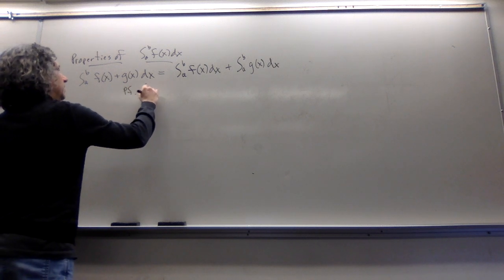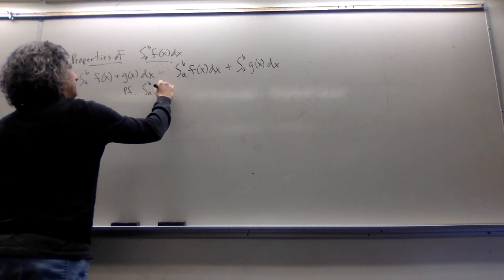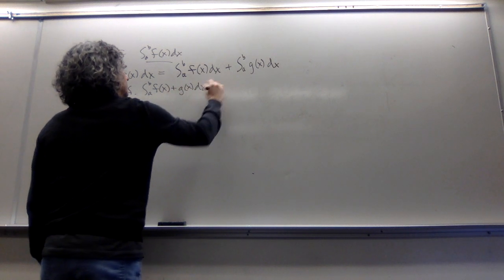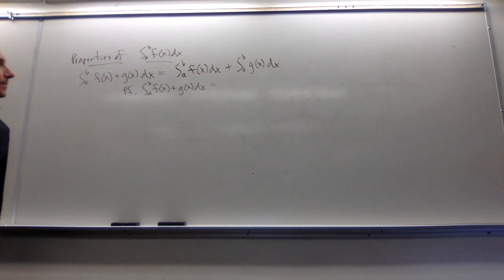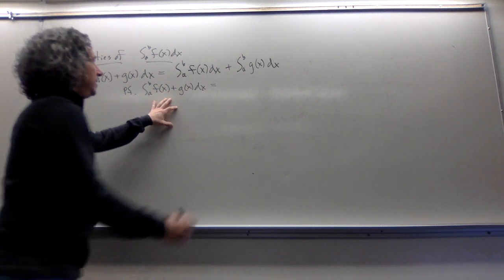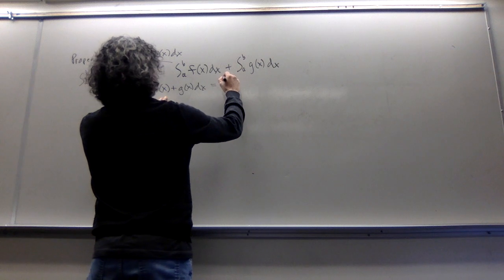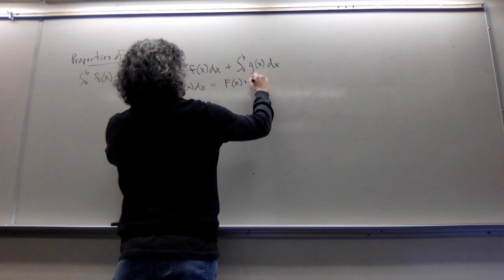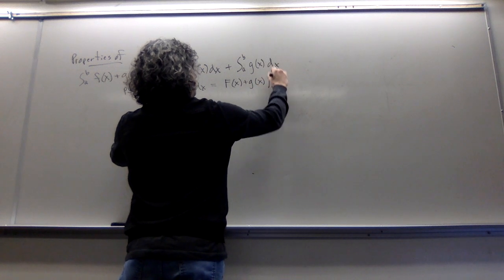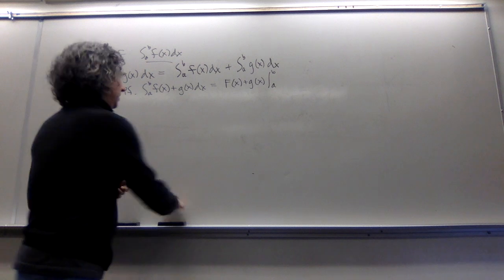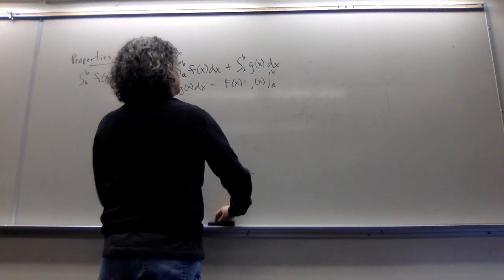So prove this integral. Well, by FTOC part 1, that's just going to be big F of x plus big G of x evaluated from A to B. Why is that?